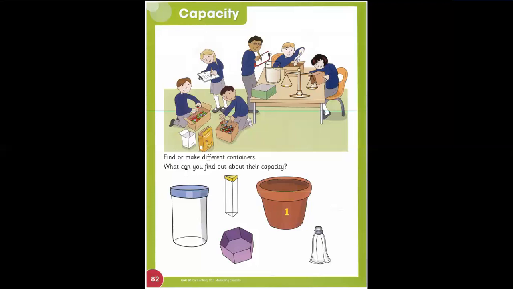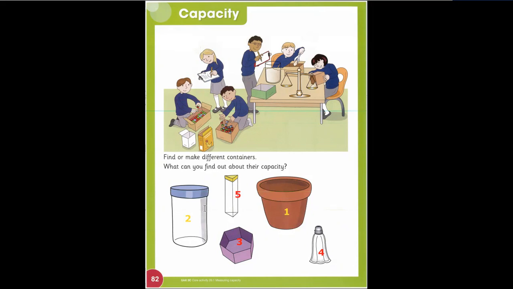This is number two. This can be number three. This is number four. And this is number five. So this means that this container has the least capacity, and this has the most.